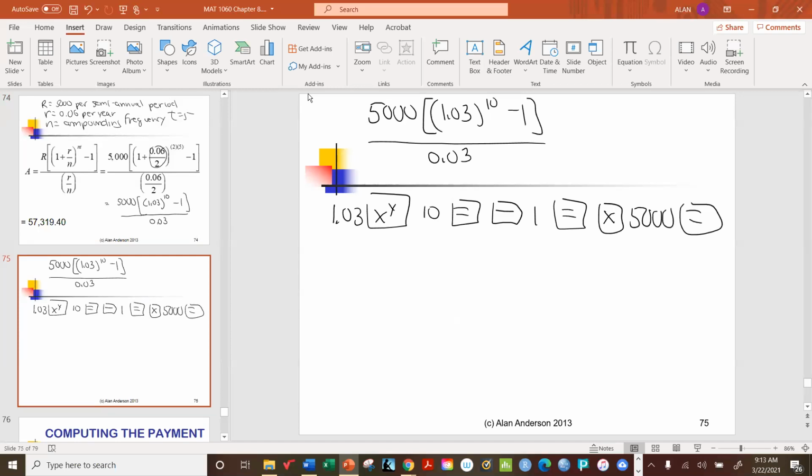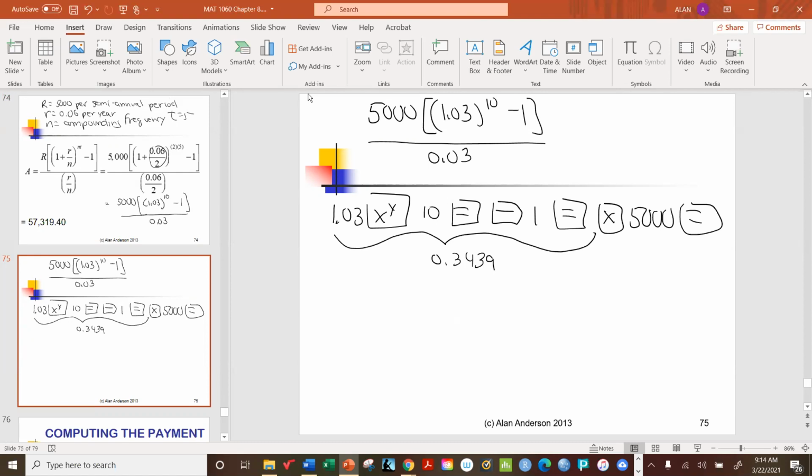And by doing this, you notice I'm actually going in the numerator from left to right. I'm solving for what's in the brackets. This equals approximately 0.34. Times 5,000 gives us approximately, wait, hold on, I screwed it up somewhere. 1.03 raised to the 10th, equals, minus 1, equals, times 5,000.